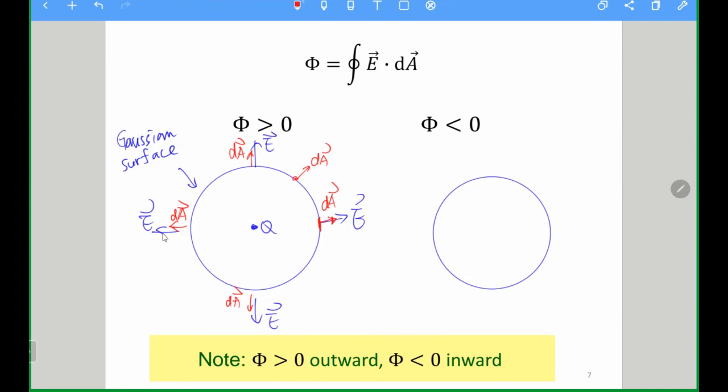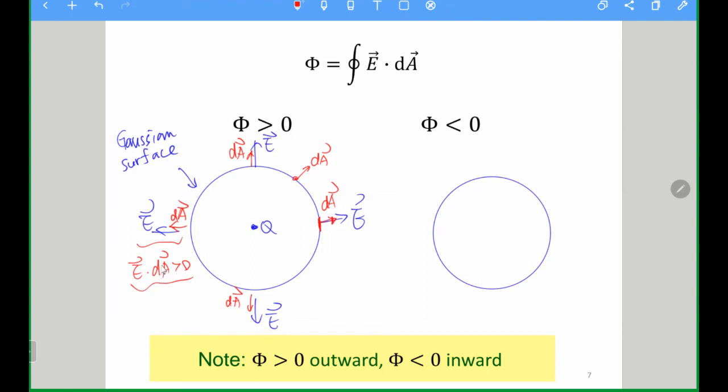So you can see E and dA point in the same direction, so E dot dA is a positive value. You add all the positive values, then the net flux will be a positive value also. But of course, when you separate the surface into many small parts, not necessarily all the d phi have the same sign. Maybe some of them will be positive and some negative.